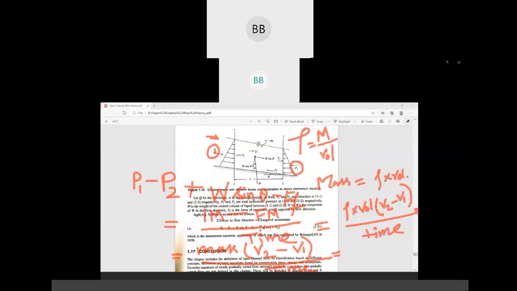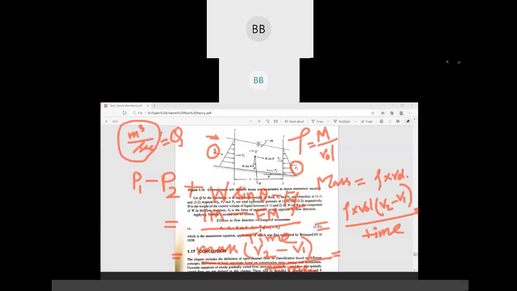As we know, density equals mass by volume, so mass will be density into volume. What is the unit of volume? Meter cube. And then we have time, so divided by second. Meter cube per second is nothing but our discharge.